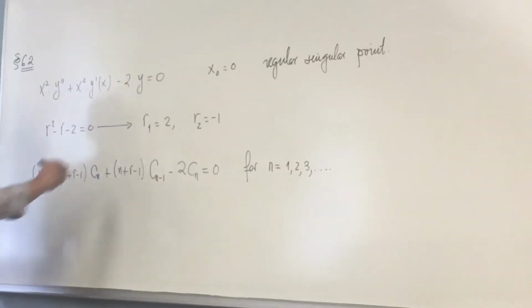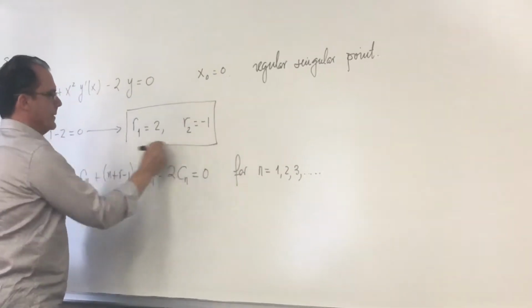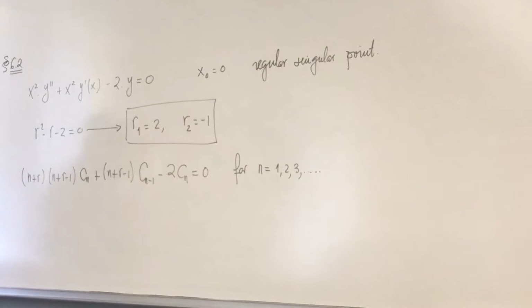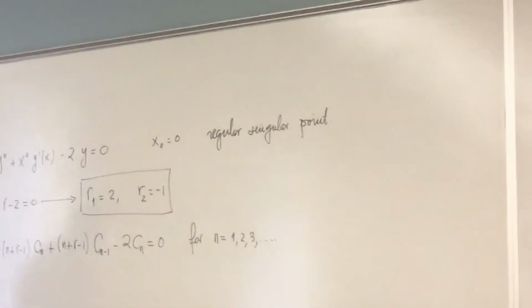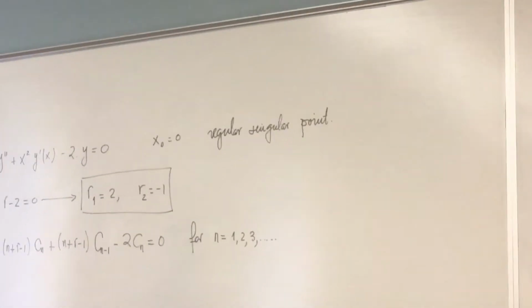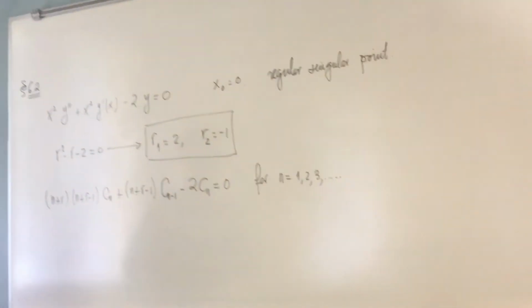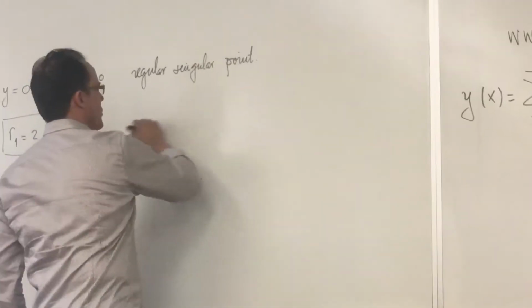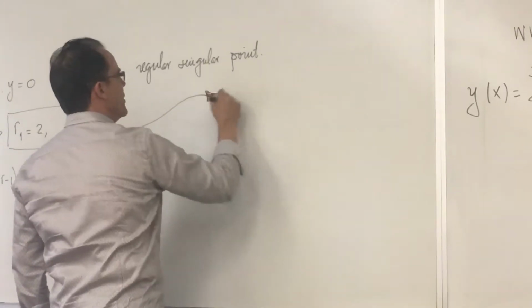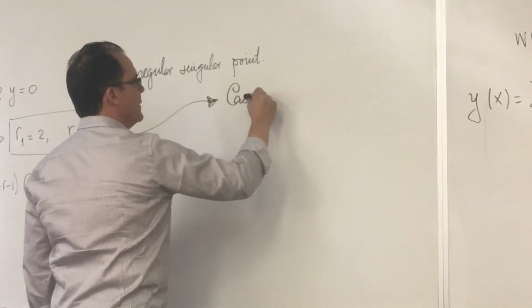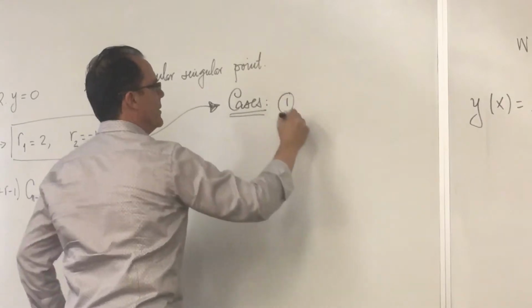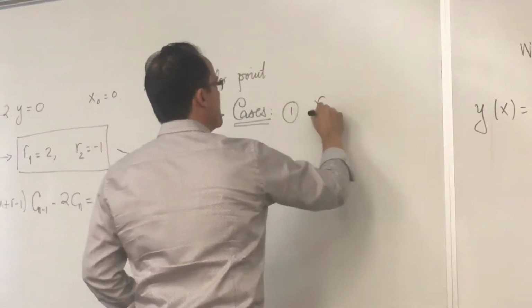So now, depending on the nature of those numbers you end up with, there are three cases to differentiate. Let me just put them here. The cases to be considered depend first on the difference between these two.